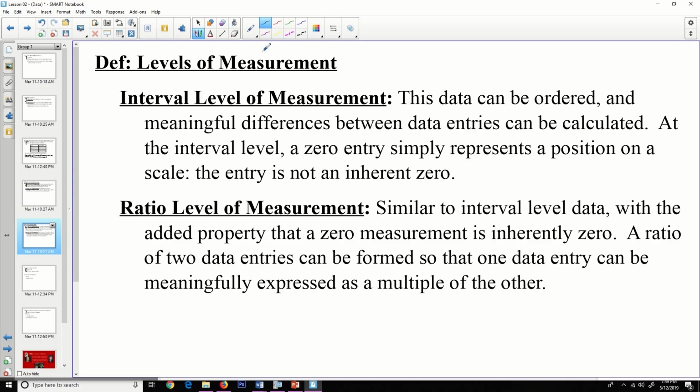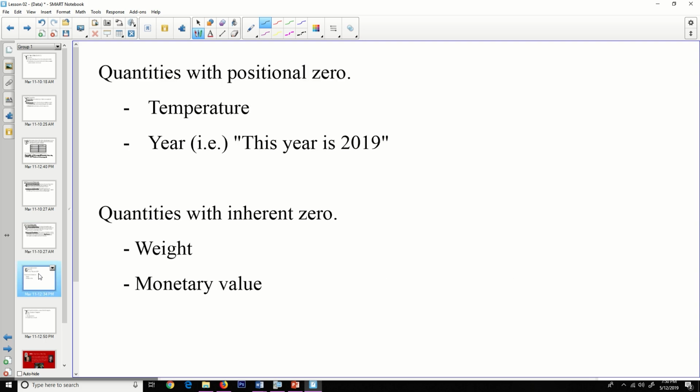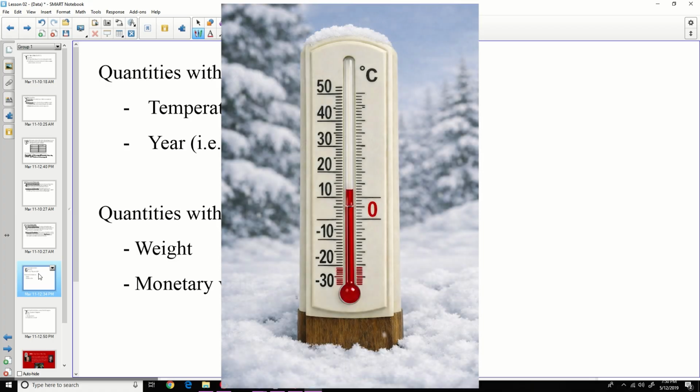So really what we've got to talk about here is this concept of inherently zero and what that means. So let's go down here. Quantities with positional zero. Temperature has positional zero, at least if we're talking Celsius, not Fahrenheit. With Celsius, we say positional zero because zero is when water freezes on Celsius.